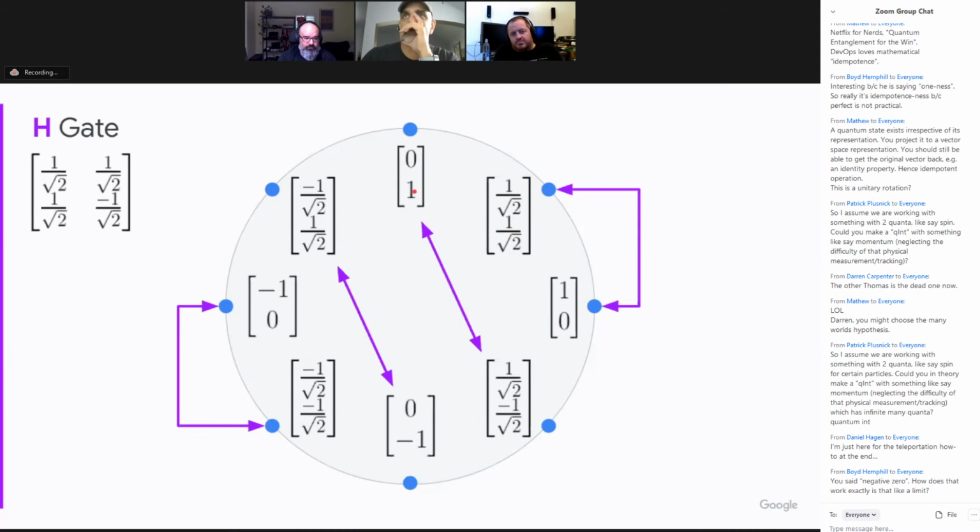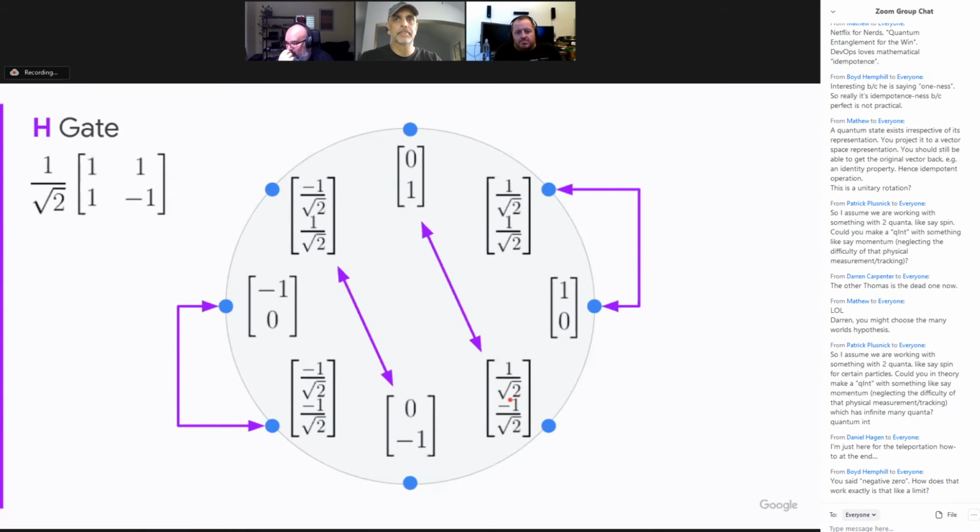We'll move from this lopsided superposition of oneness into this even superposition of +1/√2 zeroness and -1/√2 oneness. And why is this still a valid state? Because zeroness squared plus oneness squared needs to equal 1, and this one does.